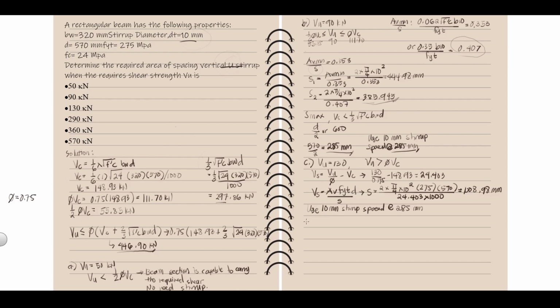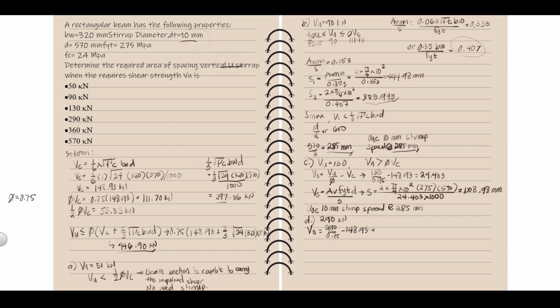Okay? So, next is letter D. So, letter D is 290 kilonewton. Okay? So, the same method. So, ang VS muna natin, class, is equal to 290 all over 0.75 minus our VC, 148.93.